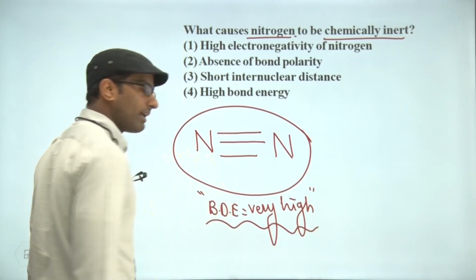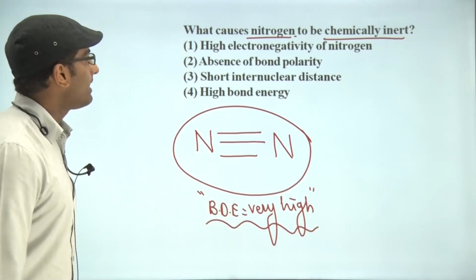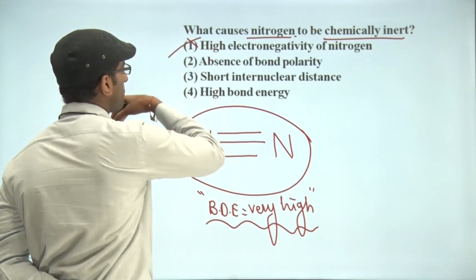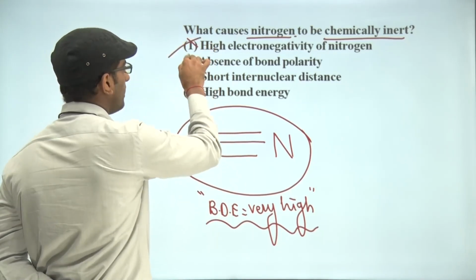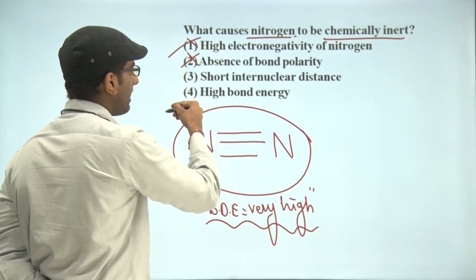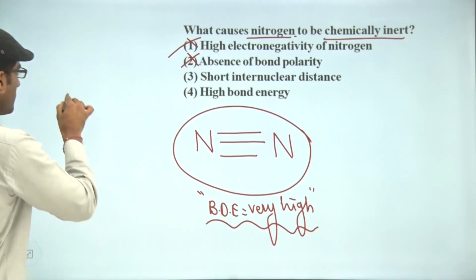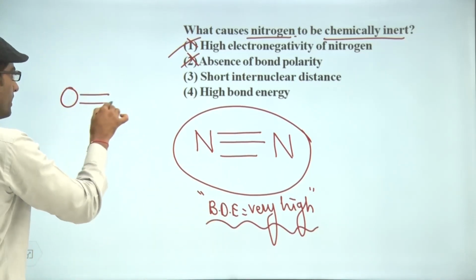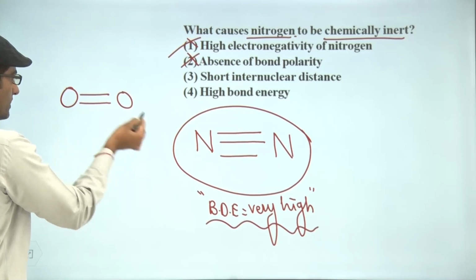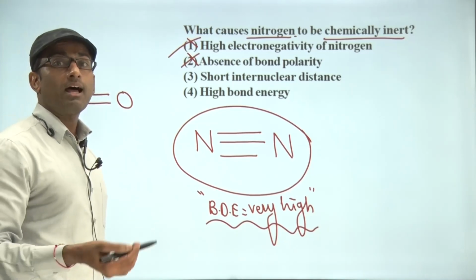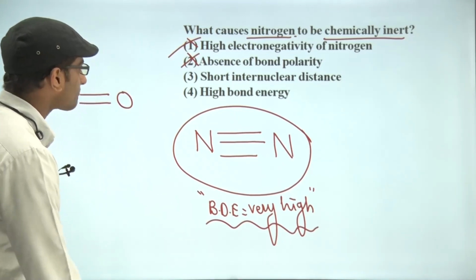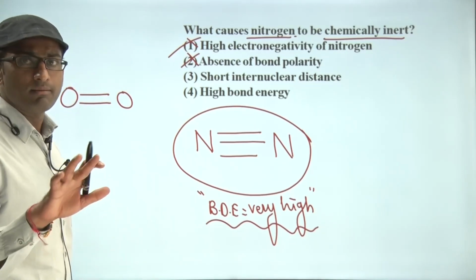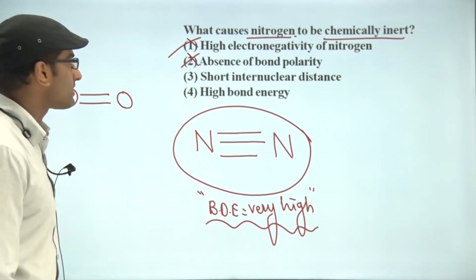So high electronegativity is the wrong option. Absence of bond polarity is also a wrong option, because as far as oxygen is concerned, bond polarity is absent, and both are common atoms, but that is highly reactive at room temperature, more reactive as compared to nitrogen.